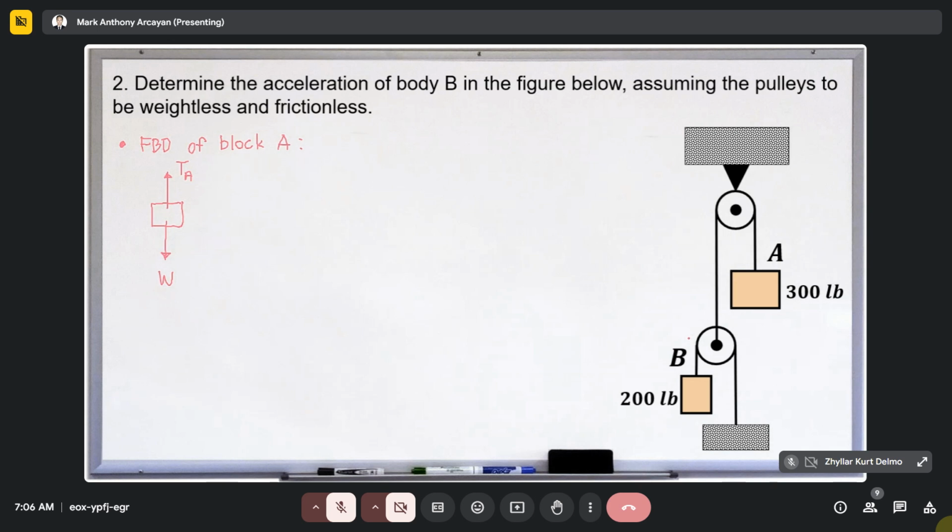Now let's analyze the system so that we can have an idea on where these blocks will move. Like for example, block A. Does block A move upwards or downwards? Or is it block B that pulls down block A?